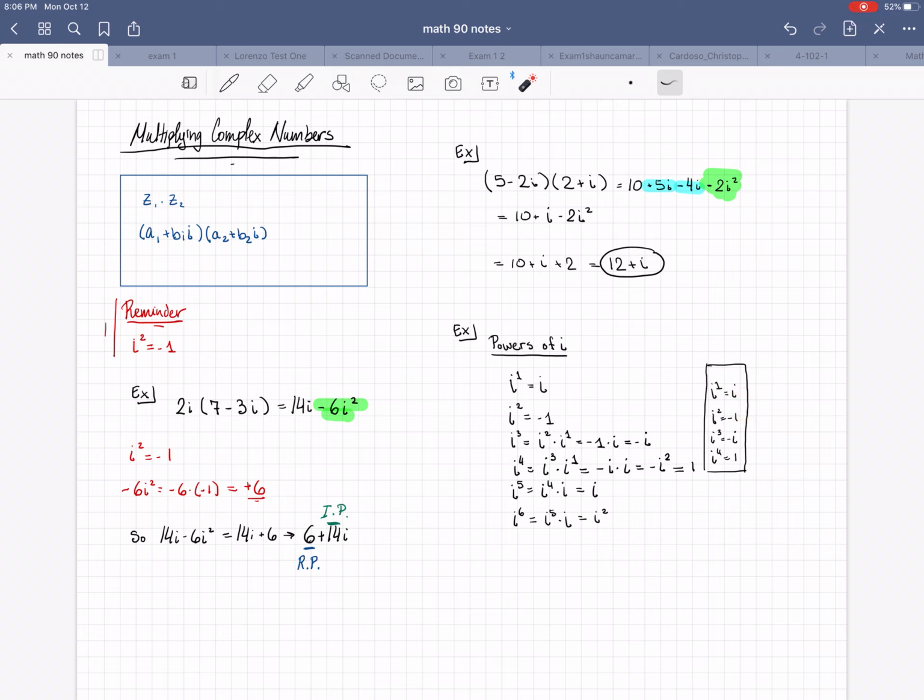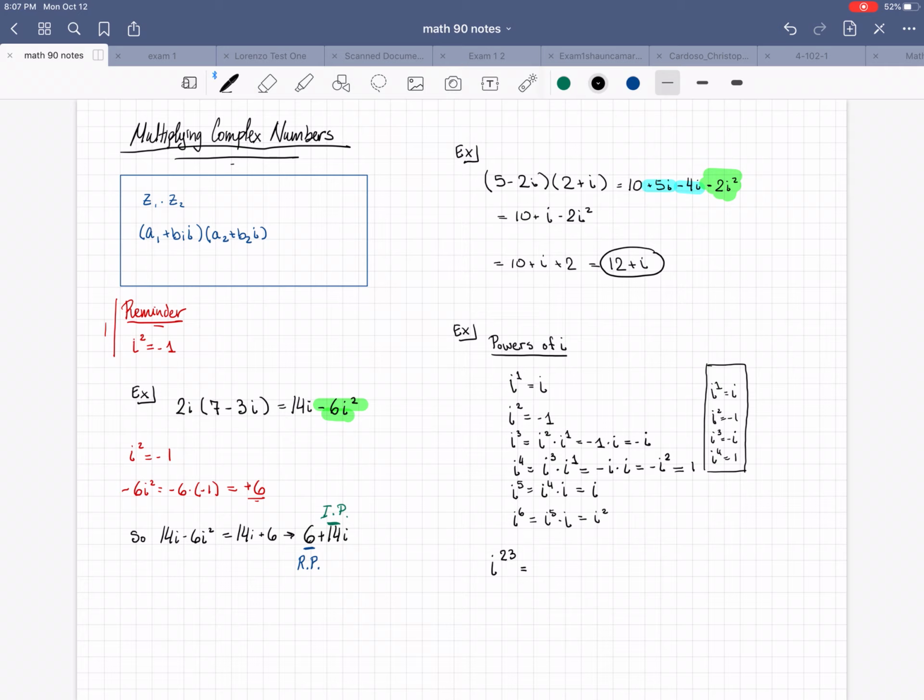So how does this play out in terms of a weird power of i? So what's i to the power, I don't know, 23? I made 23 up off the top of my head. Well, remember, every fourth power of i, you're going to end up with 1.